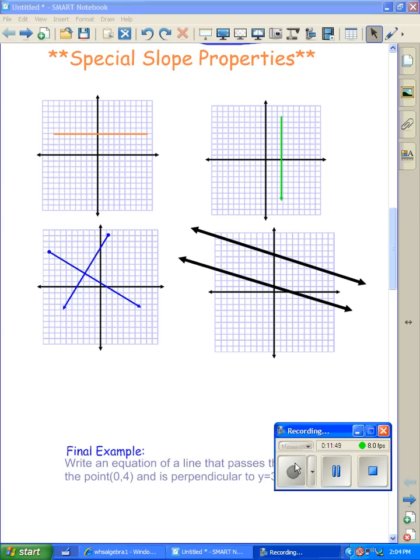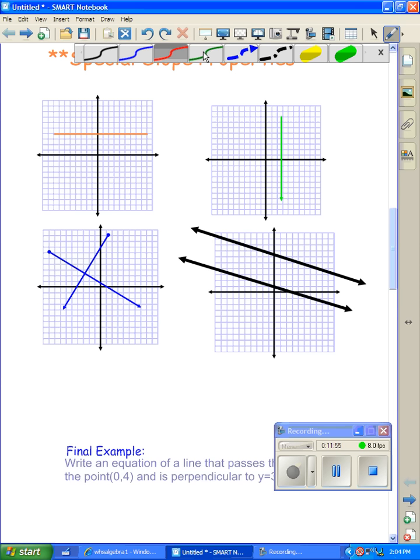While we're on the topic, there are some special slope properties. You will find these special slope properties on page 66. Real simple, but you got to know them. First one we'll talk about is the horizontal line has a slope of 0. All right. A vertical line, or a straight up vertical line, has a slope that is undefined.